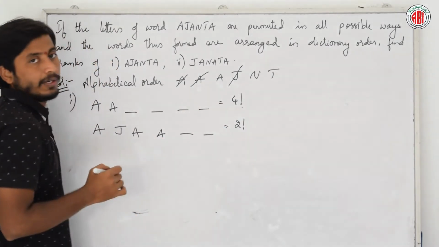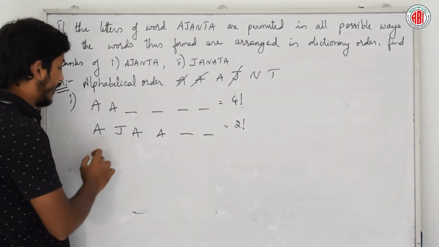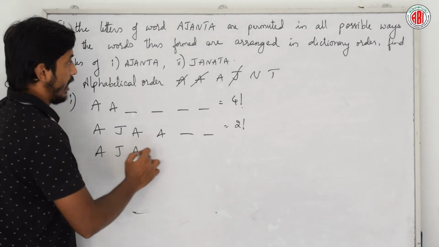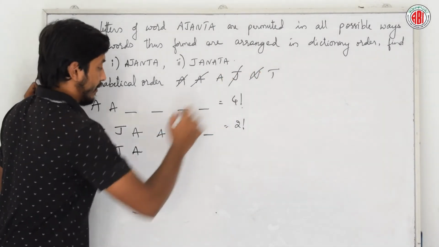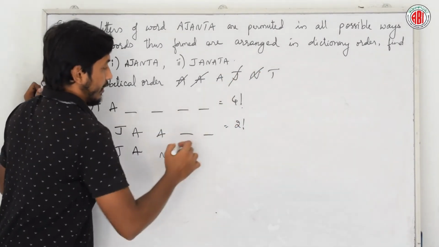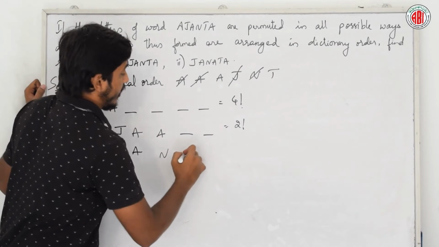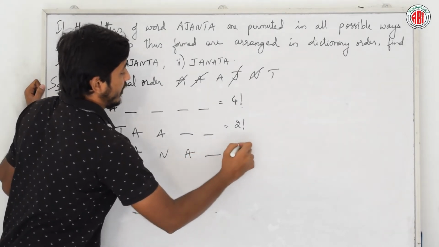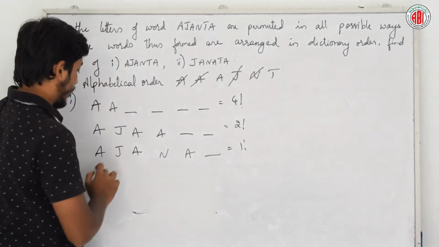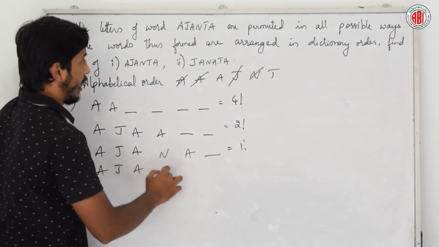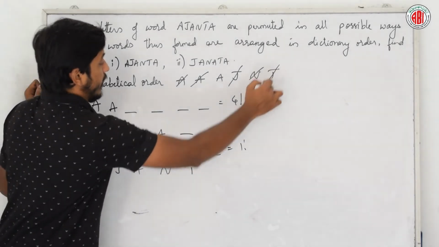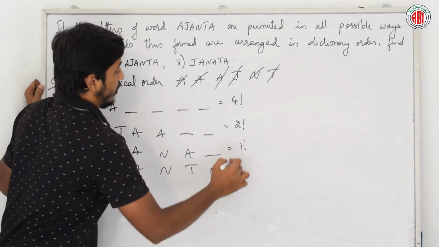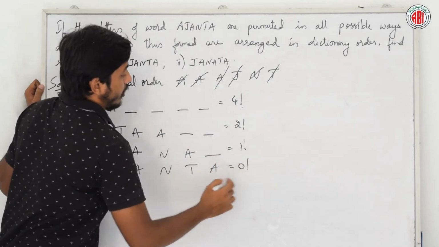It is 2 factorial. Similarly, A, J, A, N, it suits. Then is A suiting? No, obviously, again 1 factorial. Next A, J, A, N, T. Yes, it's done. A, it is also done. It is 0 factorial.